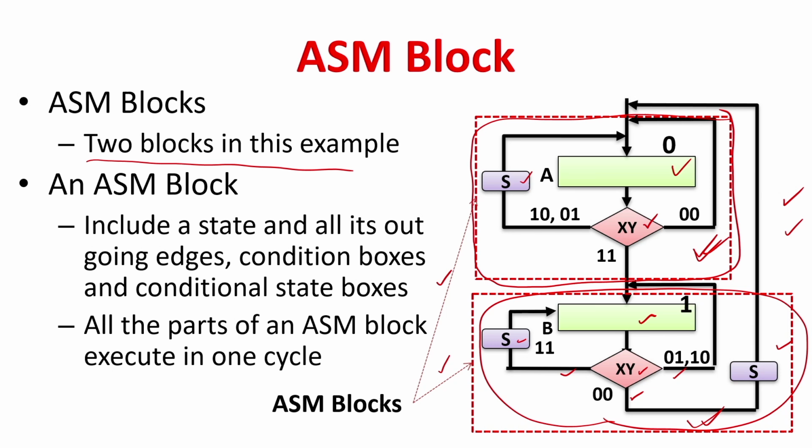All three things, the state box, the condition boxes with all their outgoing edges, and the conditional state boxes, all execute in one cycle, and this constitutes what we call an ASM block. An ASM block includes a state and all its outgoing edges, condition boxes and conditional state boxes.